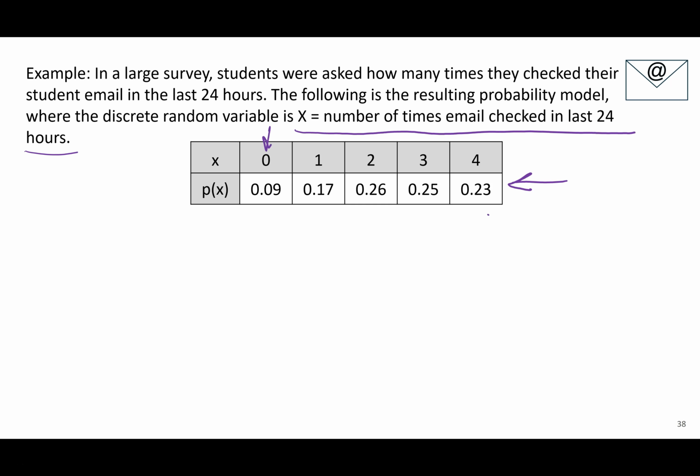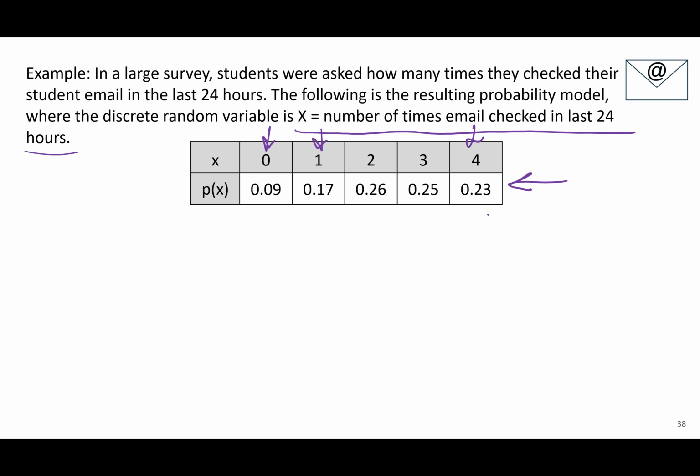And then further, x equals 0, x equals 1, all the way through 4, are disjoint values. So if a student said they checked their email exactly 0 times, they could not have been counted in any other category. They can only be in one category at a time. They were only allowed to answer once.